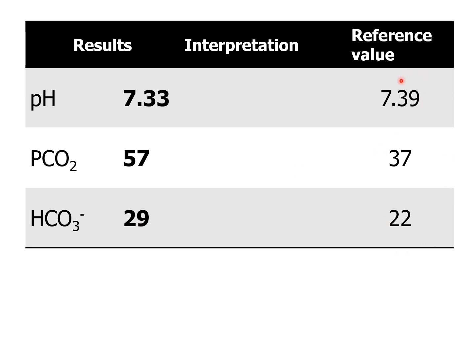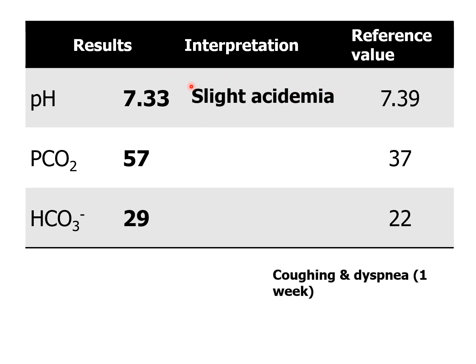The first thing that we must ask is whether there is an acid-base disturbance or not. Since the pH is lower than the reference value, yes, there is an acid-base disturbance, but it is considered to be slight. This can be described as a slight acidemia.